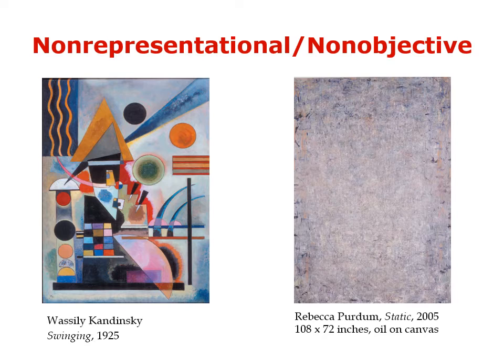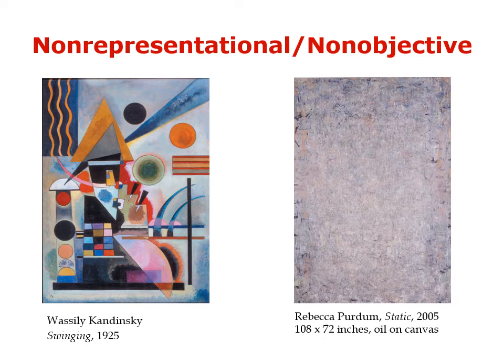The examples for that are the Wassily Kandinsky, Swinging, and the Rebecca Purdum, Static, on the right. Looking at the Kandinsky on the left, some people feel a little more comfortable with it because you have something to work with: different shapes and lines and colors. There are different things going on, you start to recognize something, and you create your own little story of what you're looking at.